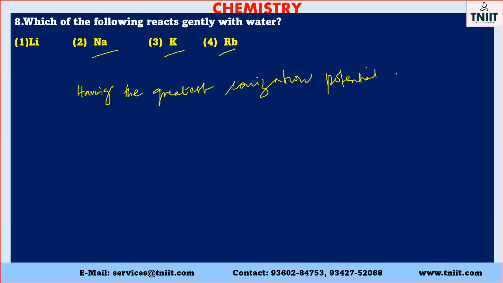Among all these, therefore, the reactivity of lithium with water will be gentle or mild. Hence, the answer for this question is lithium. So lithium does not react violently with water because it has the greatest ionization potential.